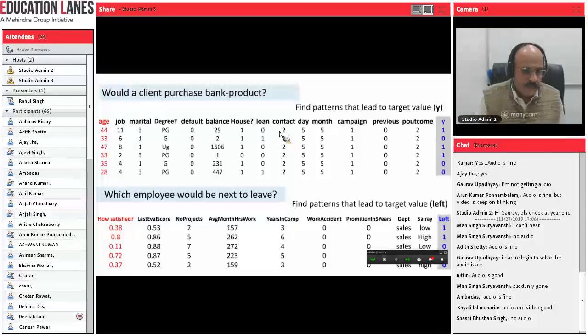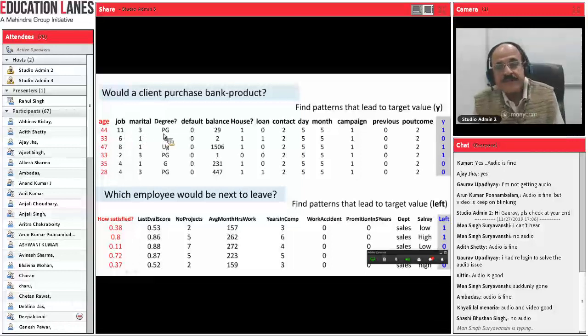In the past, a similar term deposit, a financial instrument, was created, and the bank has the data for that. The bank has a lot of data for its clients. What is his age? For example, 44. What is the job category? He is a manager.